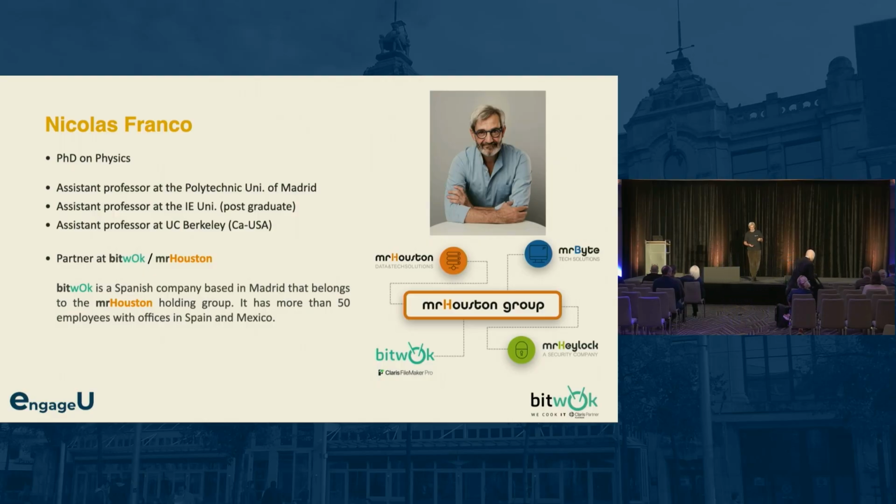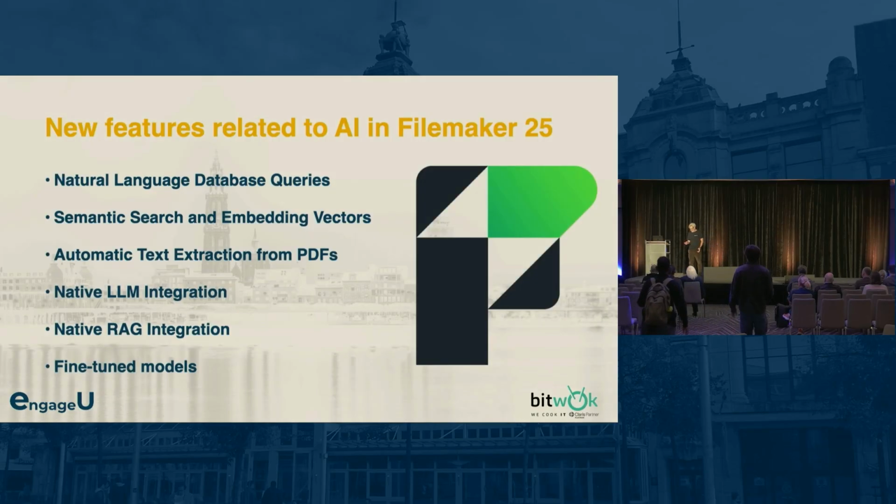We work on AI projects that are very complicated from the mathematical point of view. So we can have a good idea of how AI works, and this is what I will try to explain today.